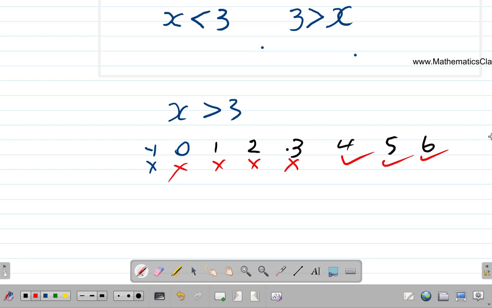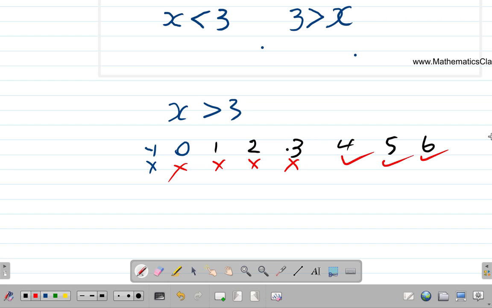So 4 is greater than 3, and you want x greater than 3. 5 is greater than 3, and you want x greater than 3. 6 is greater than 3, and what you want is x greater than 3. So you see, alright.